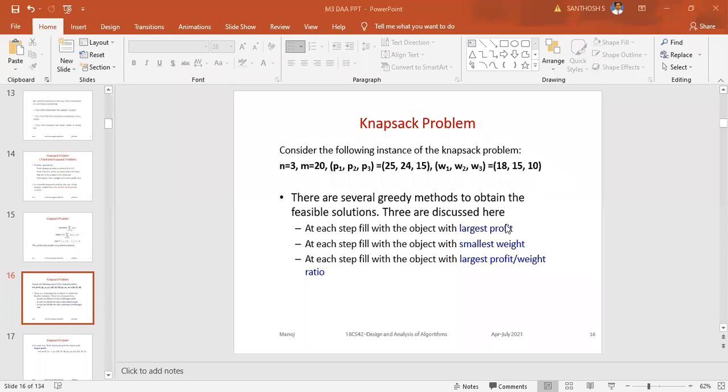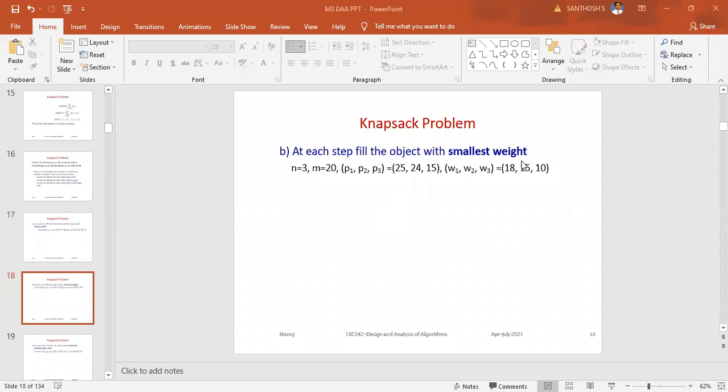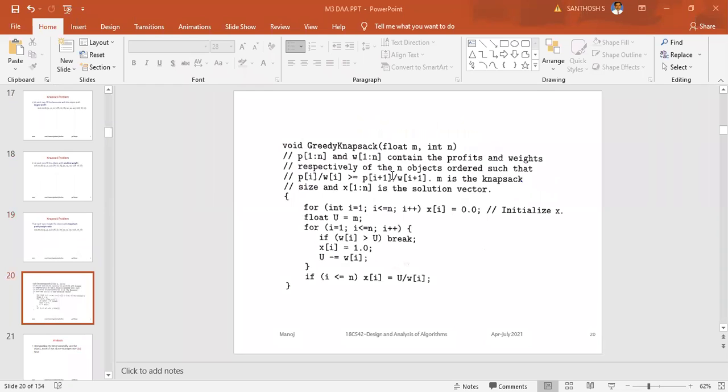So that is the first problem: largest profit, smallest weight, maximum profit per weight ratio. That is the problem on knapsack. Understood all three cases?